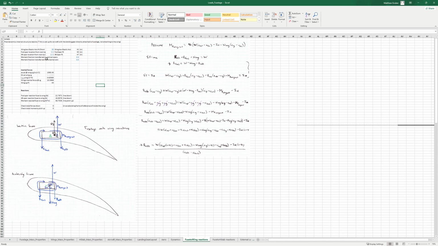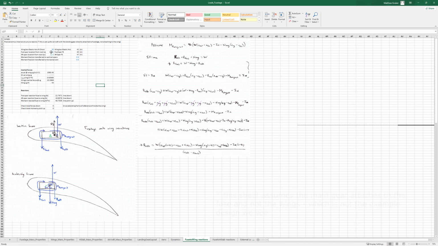And that's this tab here. So this sheet, the wing reactions, we're looking at just the wing itself and the connection between the wing and the fuselage at the spars or the wing box.